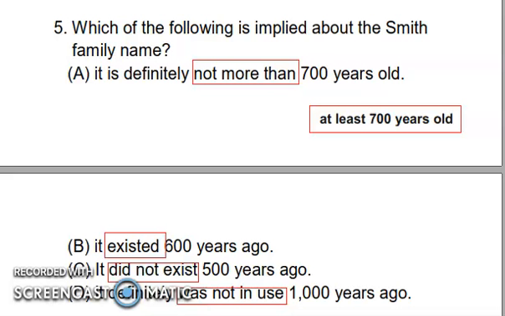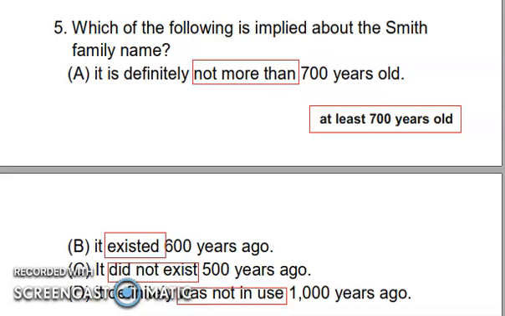So minimum 700 years old. So we can assume that probably the Smith family name does exist about 800, 900, even 1000 years old. Alright, that's clear I think.